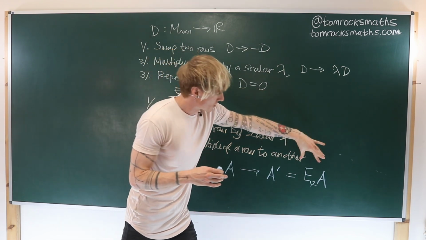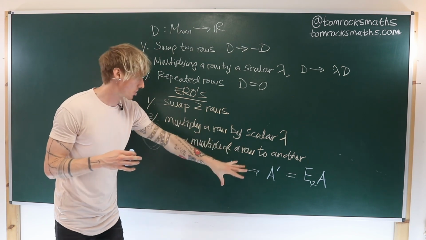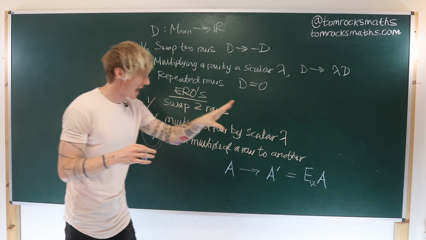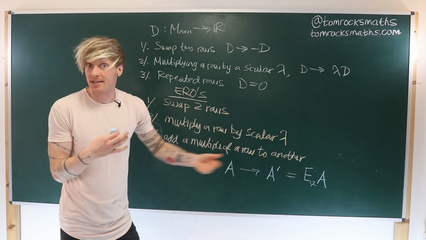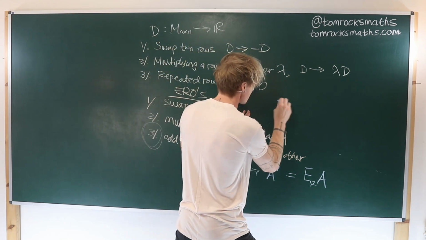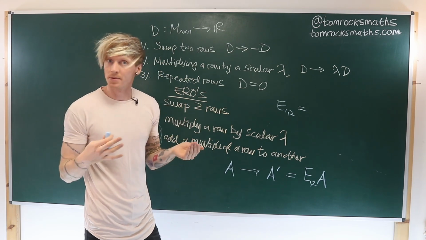So you can use matrix multiplication to get the same outcome as you would if you were to just swap two rows. And this matrix, in this instance E12, is in fact just the identity with rows 1 and 2 swapped.